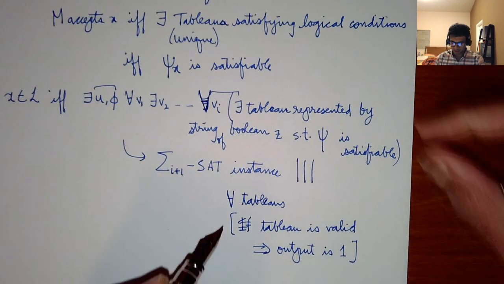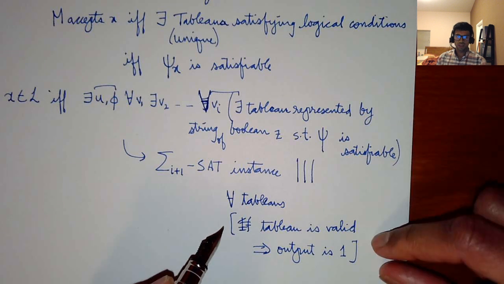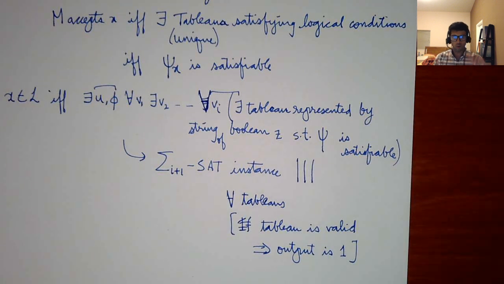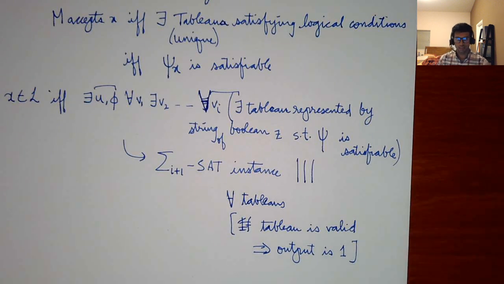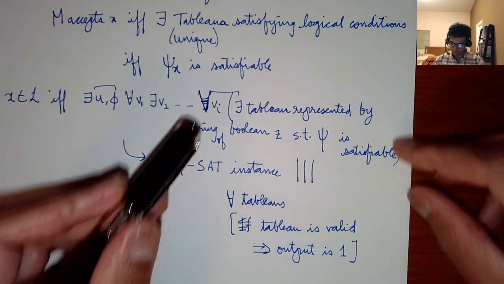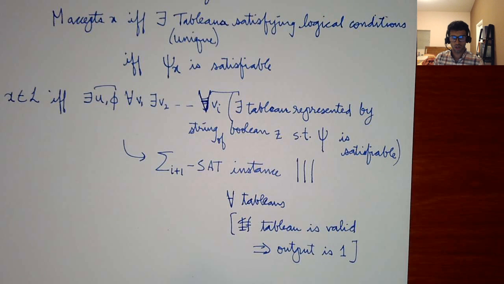I can basically replace the there exists with a for all, because it's a deterministic machine and there's only one tableau that's going to satisfy things. If it's a non-deterministic machine, some valid tableaus may lead to 0, some may lead to 1, and you have to consider all of them. But here it's just saying that if there is a valid tableau, the output is 1. So I can replace the there exists with a for all, and therefore I can fold it with the last for all. It's a bit technical, but that's the idea.